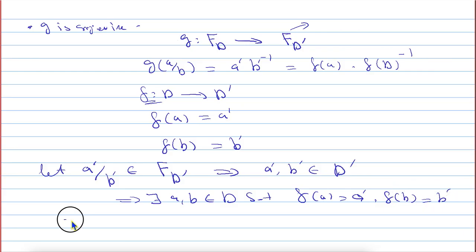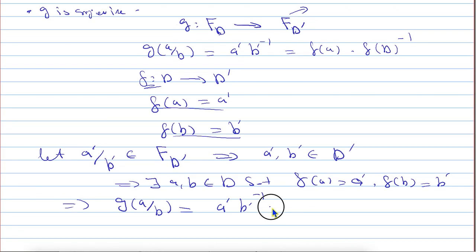Okay, so this means that we can put g of A over B, by this definition, equal to A prime into B prime inverse, which is the same as A prime over B prime.